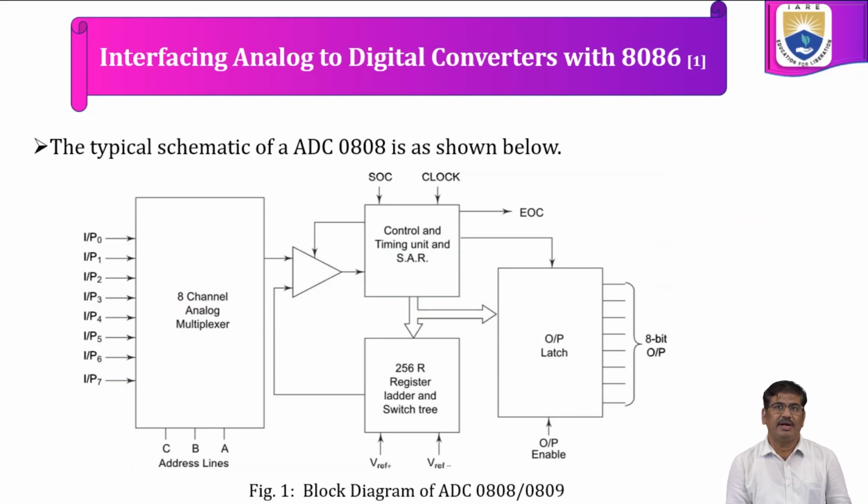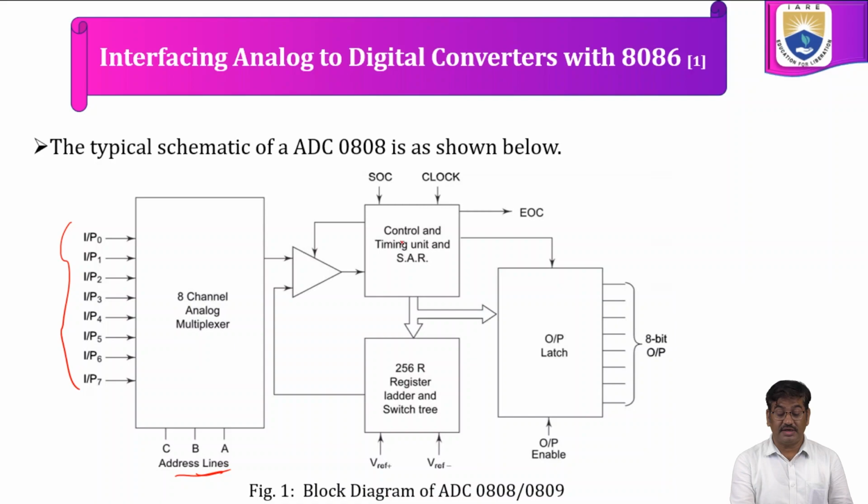This is the schematic representation of interfacing 8086 for analog to digital conversion, which is ADC 0808, where you can see the 8 input pins are connected, where we can apply 8 different analog signals. Which analog signal we want to convert will be selected by passing the select lines through the address lines on the ADC.